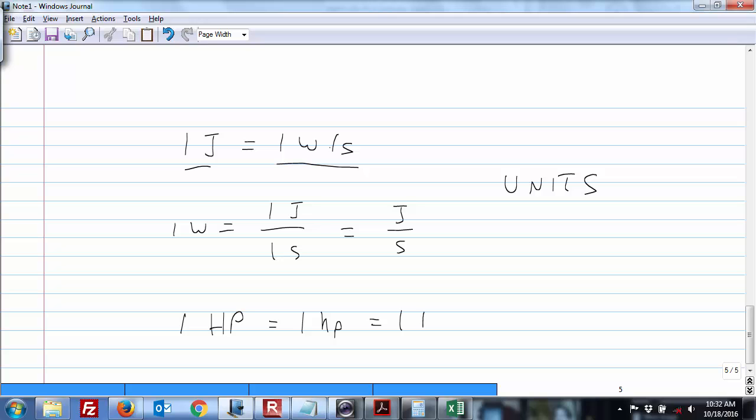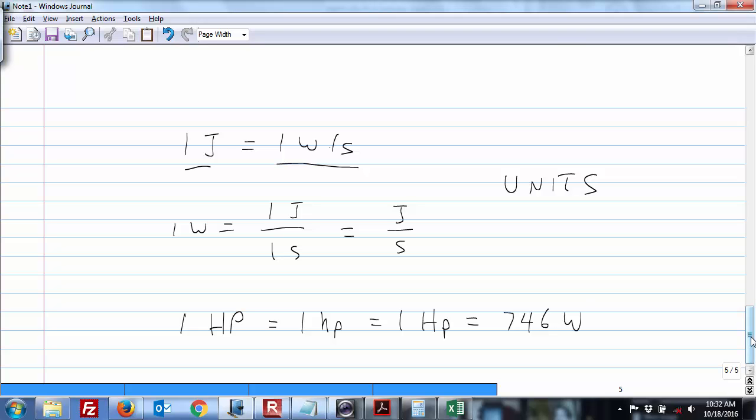I don't care how you write it. Let's just stick with the 3 significant digits. So is it 745.7? Yeah. Yes. Okay, so that's just going to become 746 watts.